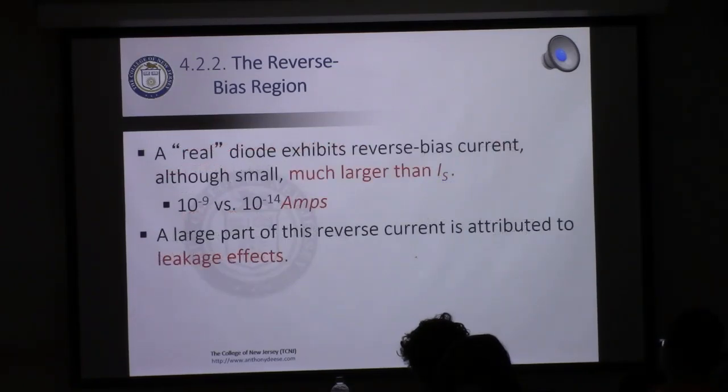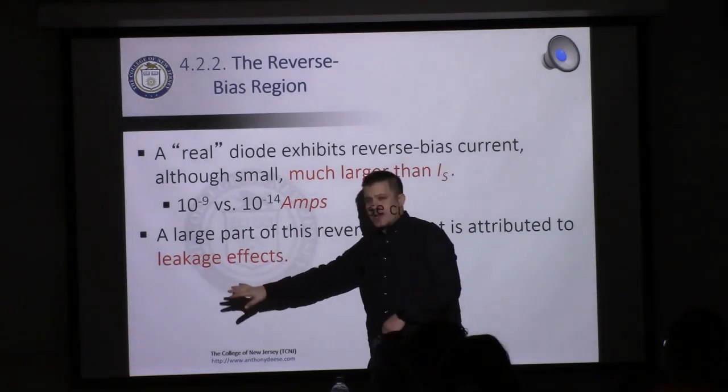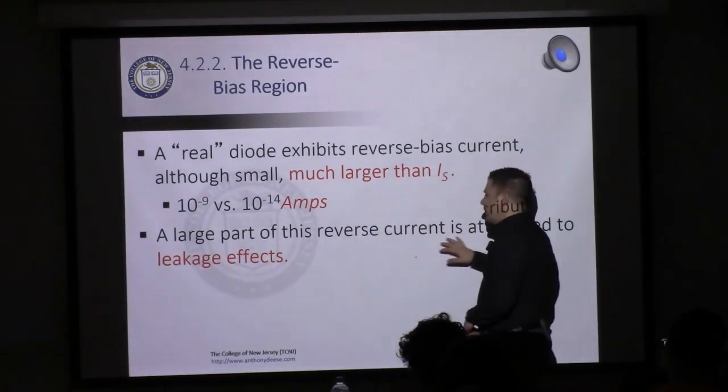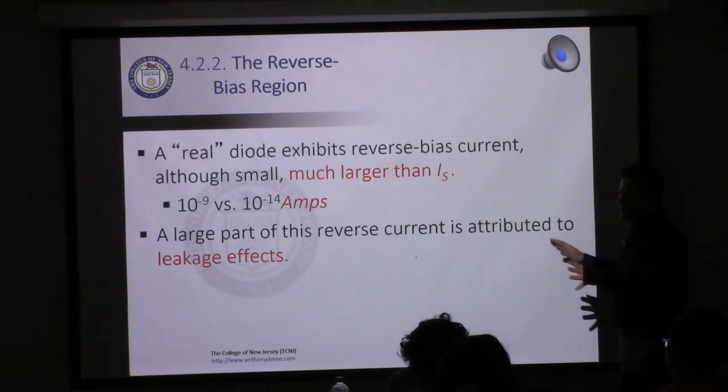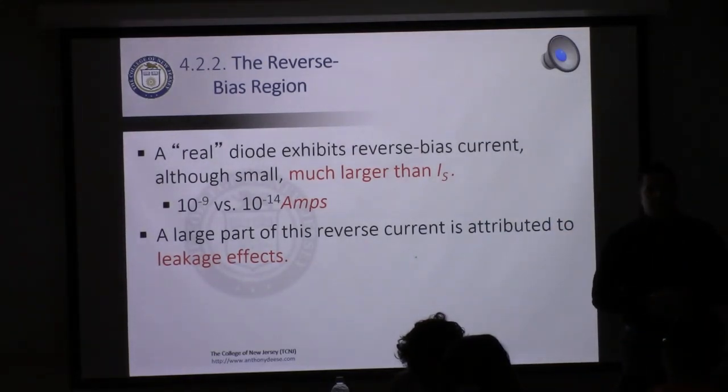So a real diode exhibits a reverse bias current that's going to be bigger than what you would expect from IS. I said that in Chapter 3 as well. And this is attributed to leakage effects and imperfections in the way that the diode is manufactured.